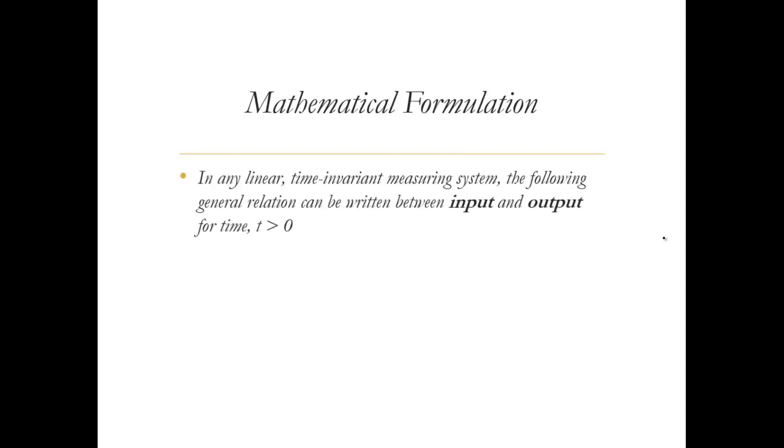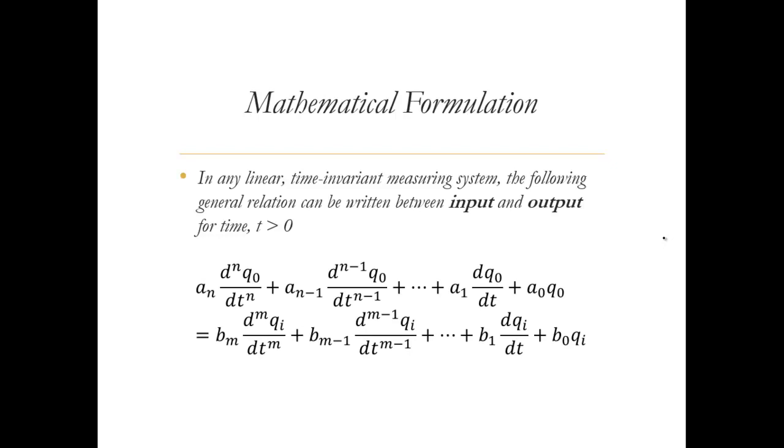Now we go for this type of dynamic characteristics. It is obviously time dependent. So we have something called differential equations that come into the design of instruments. We can design for a linear time invariant measuring system. This type of relation can be written between the input and output. For example, Qi is the input and Qo is the output.